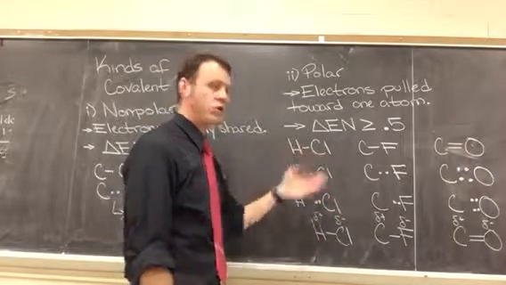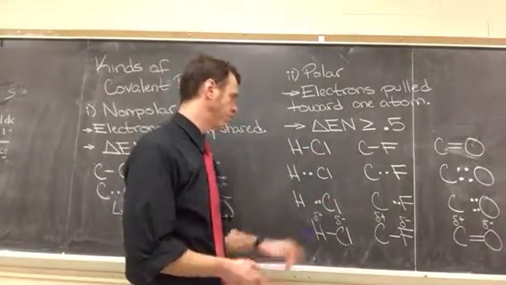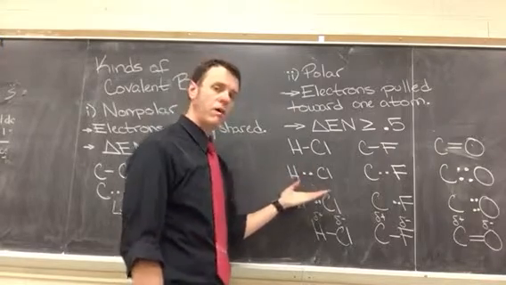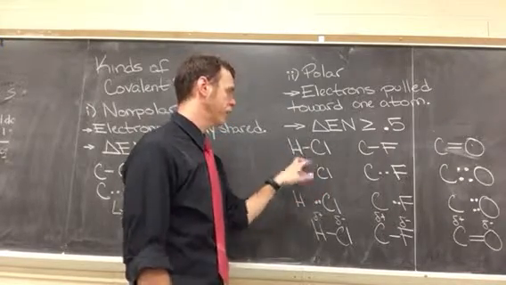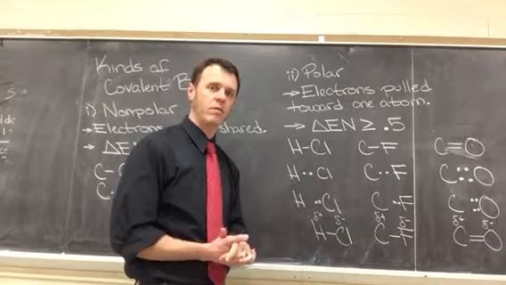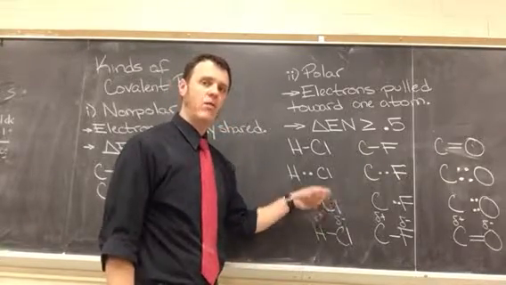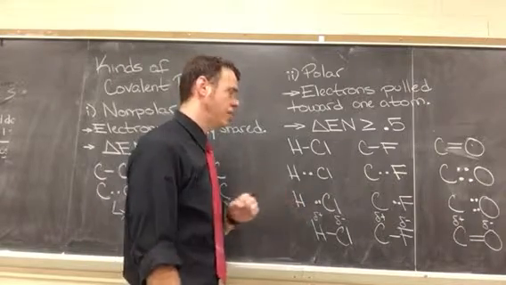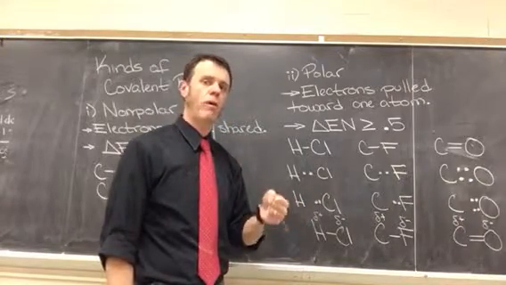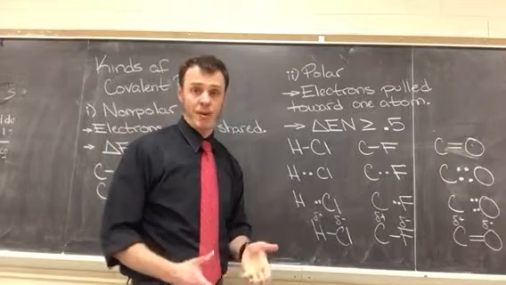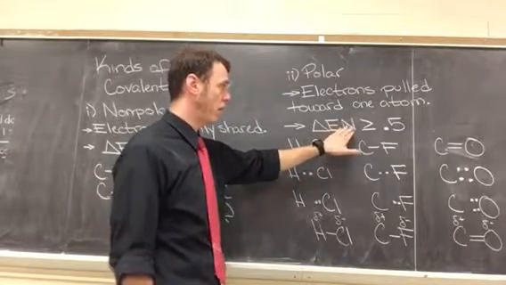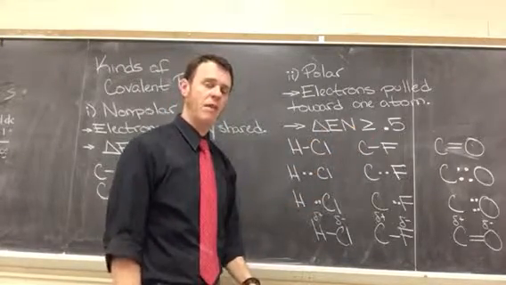The first is this hydrogen-chlorine bond. When we talk about a single bond, there are two electrons being shared by those two atoms. However, chlorine has an electronegativity of 3.0. Hydrogen has an electronegativity of 2.1. That's a difference of 0.9. That falls into our area of greater than 0.5.